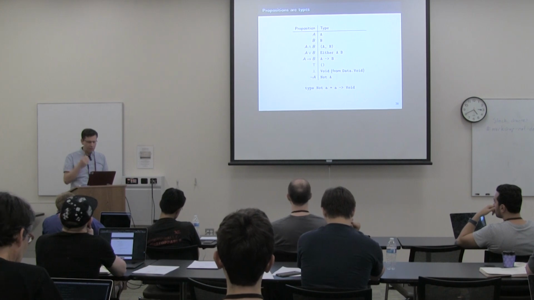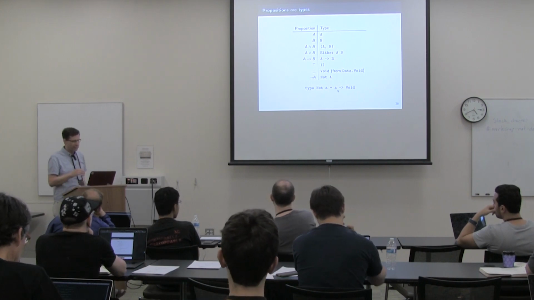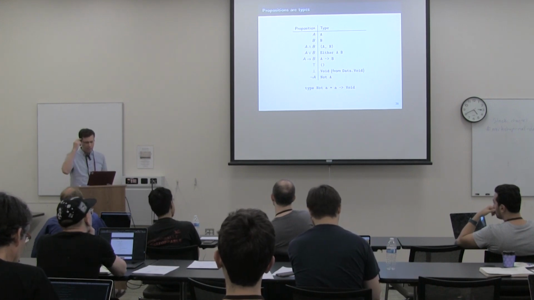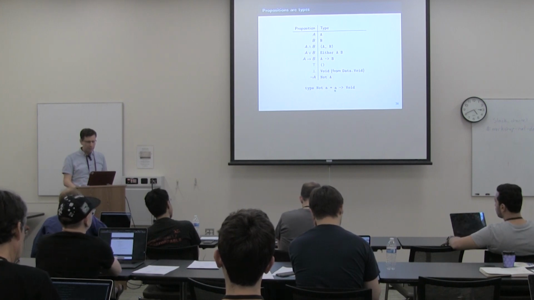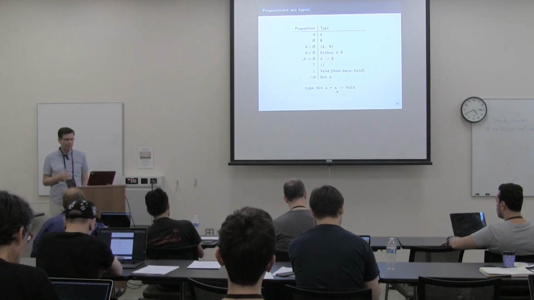Not A, well, we can construct a type alias. We can say Not A. Remember we said that not A is just a shorthand for A implies falsity. So likewise, we can say not A means A implies, or a function from A to Void. Not A corresponds to a function from A to Void.